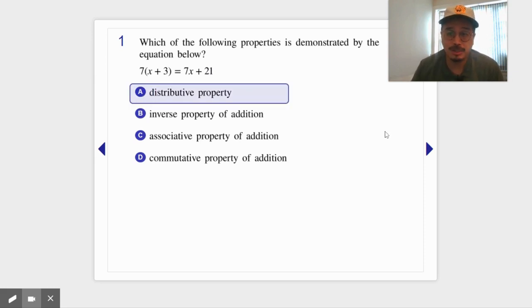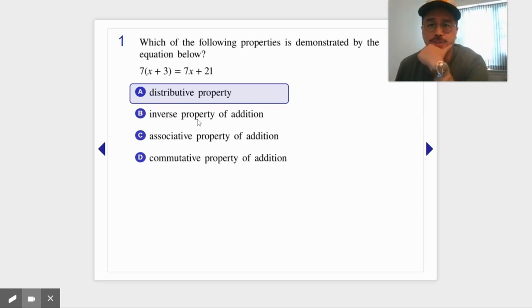Okay, so I'm just gonna let you know a little secret. Over the course of the next 2 to 3 years, every now and then you're gonna get these property questions. So distributive, commutative, associative. I believe we briefly went over it at the beginning of the year.